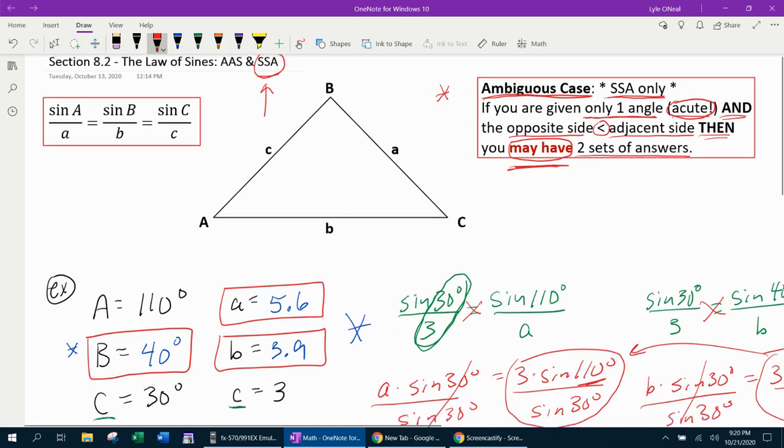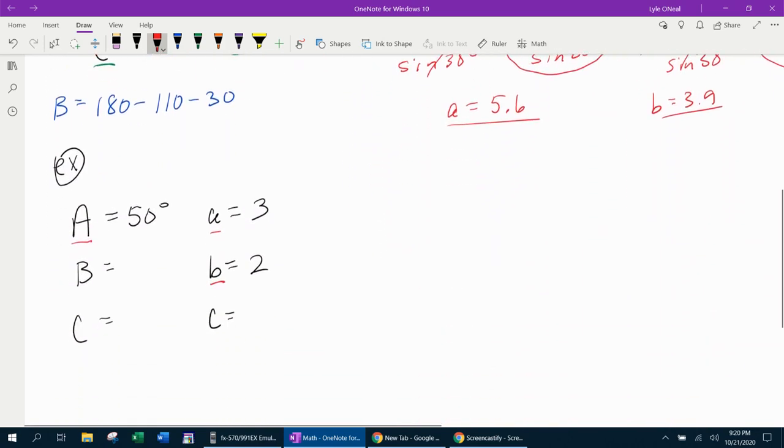Okay, so let's see what we've got here. Are we given only one angle? Is that angle acute? Yes. Next, is the opposite side less than the adjacent side? When we say the opposite side, we mean the side opposite of the angle.